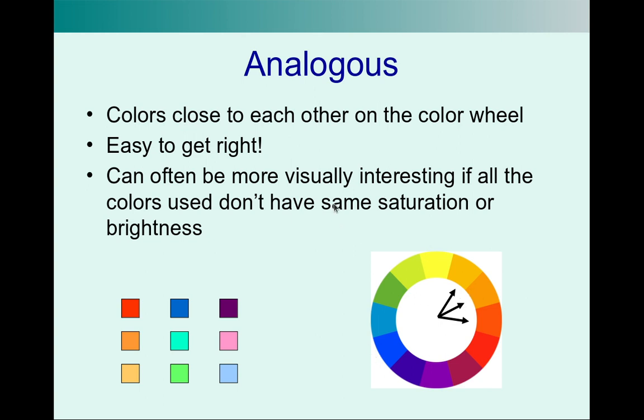Now this can often be more visually interesting if all the colors used don't have the same saturation or brightness. If you see the different color shades in different columns, you'll get to know this point. In the first column, they are not that different, but in the last column, they are different because their saturation and brightness are also different.